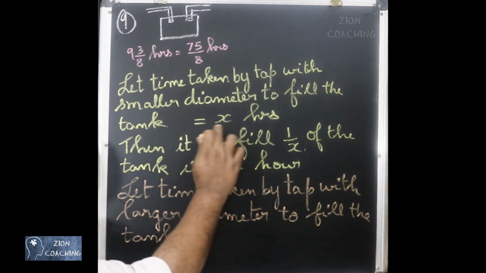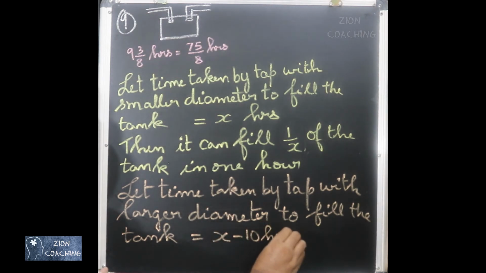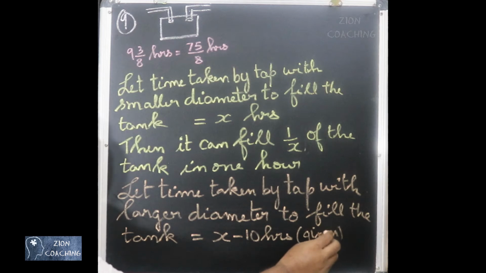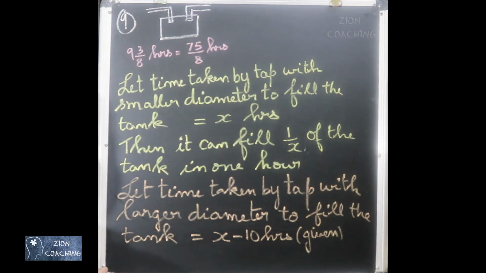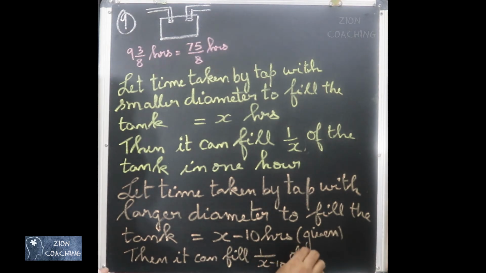Now we have assumed this to be x hours, so this is going to be x minus 10 hours. This is given in the question. Therefore, what we can say is, then it can fill 1 by x minus 10 of the tank in 1 hour.